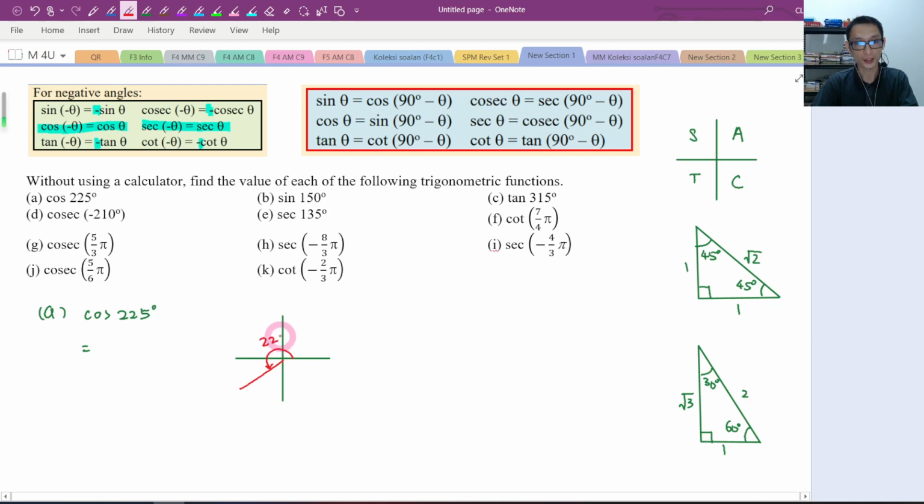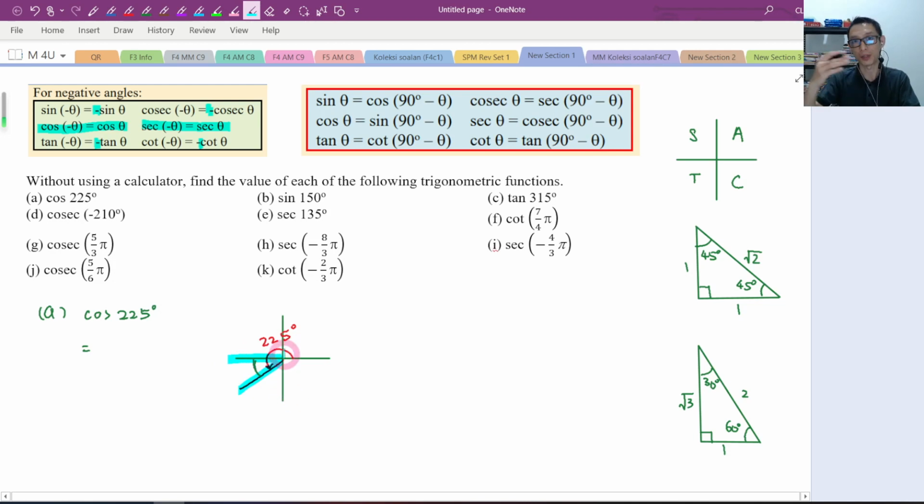First, we need to know the reference angle. This is a reference angle. It's the angle between the line where the angle stops and the x-axis. Remember, x-axis. The angle between the line where the angle stops and the x-axis.